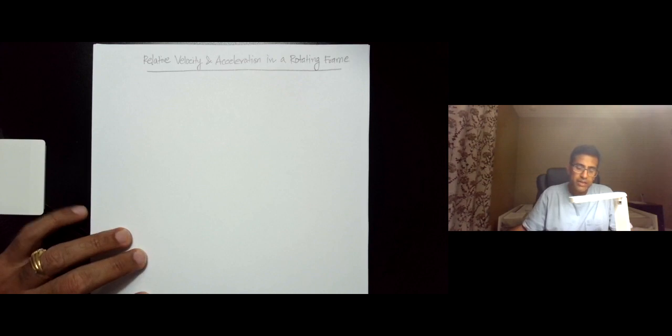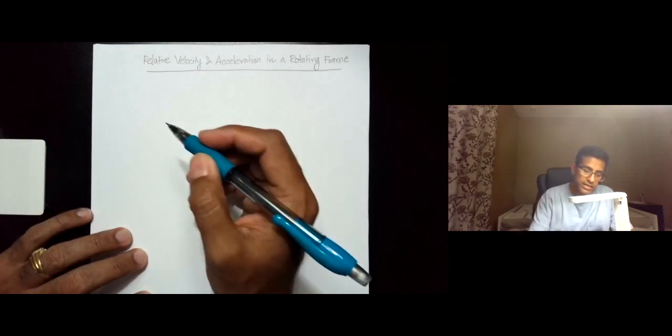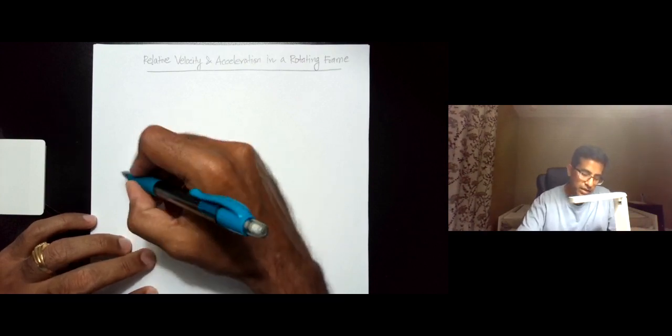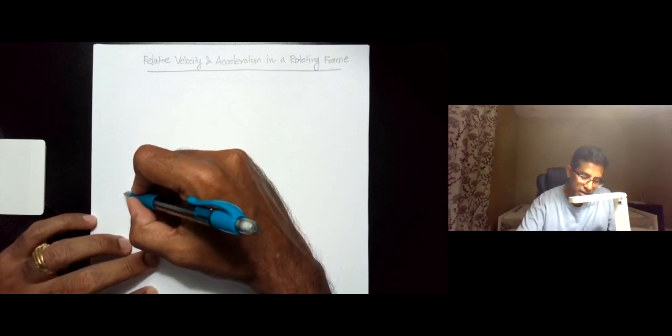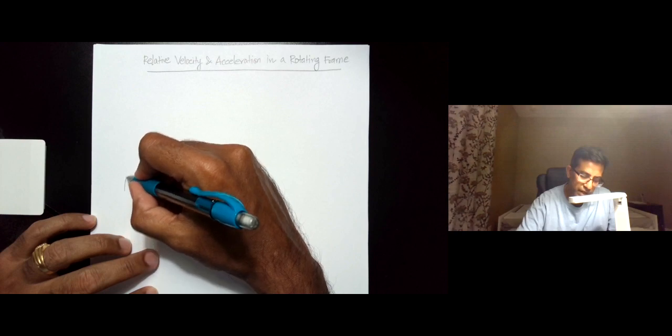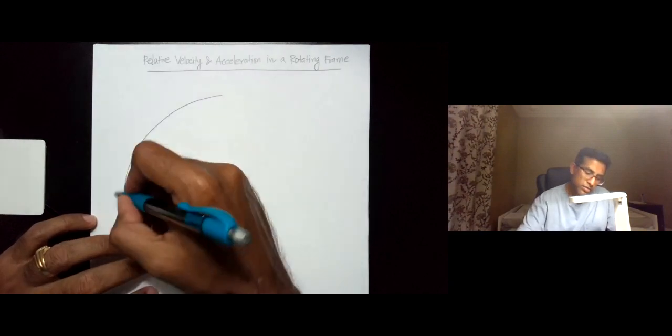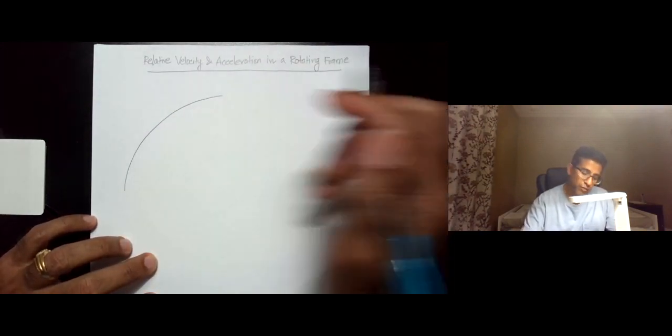So what we mean by relative velocity in a rotating frame is something like this. Just to give an example, assume that a vehicle is moving in a curved path. This is the path being followed by, let's say, the geometric center of a vehicle.